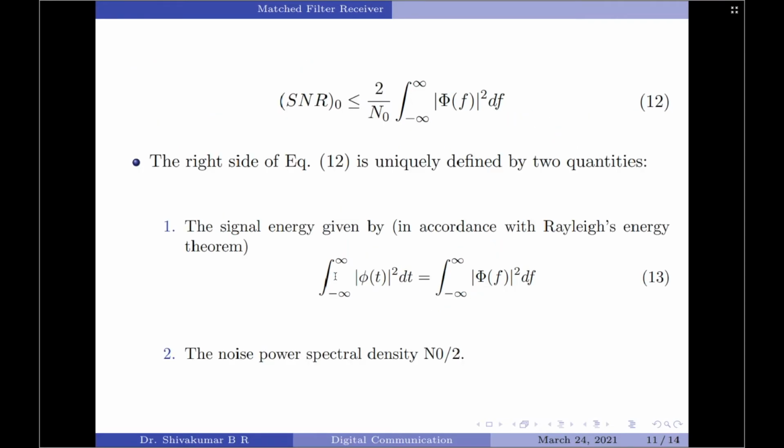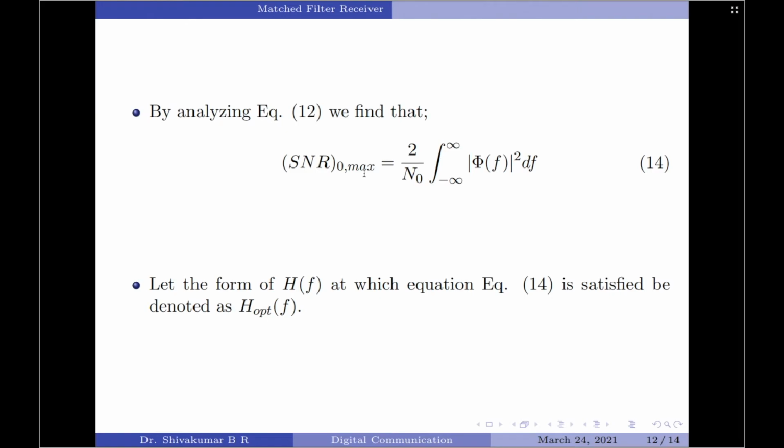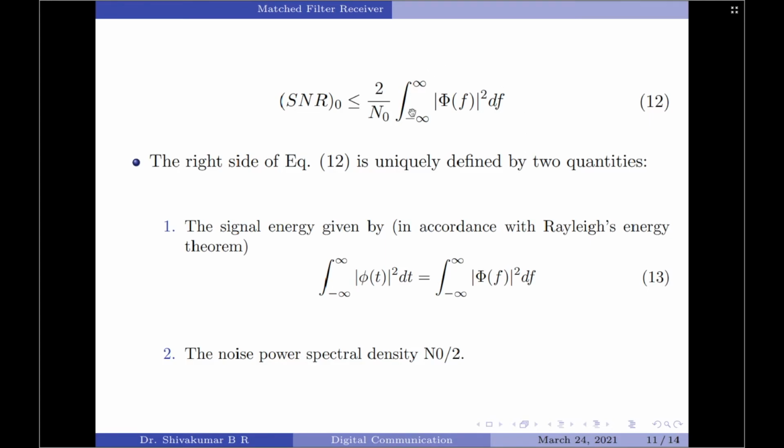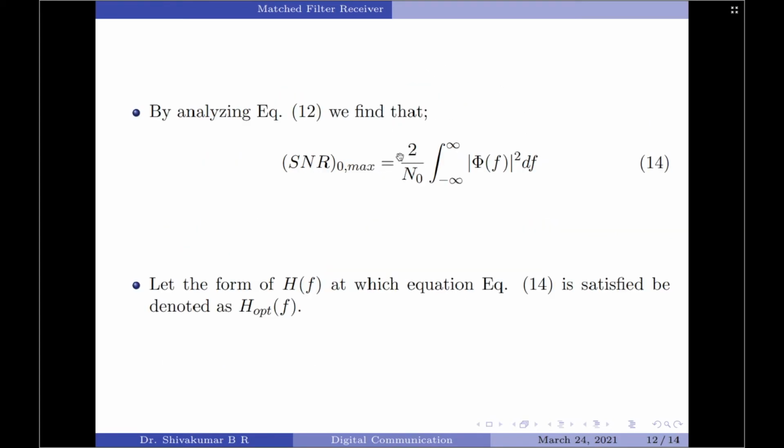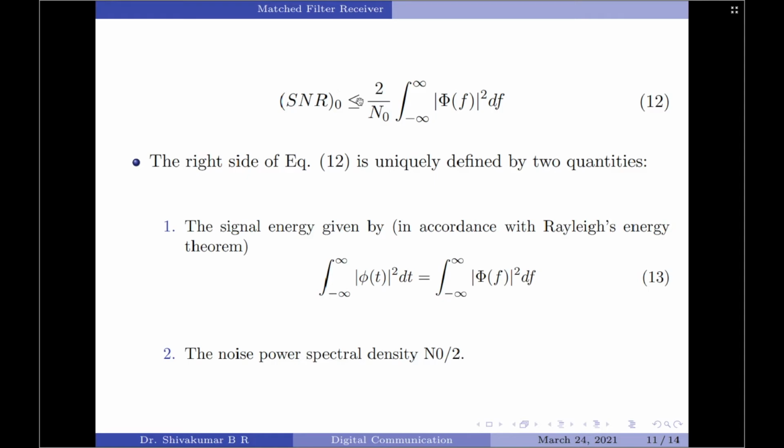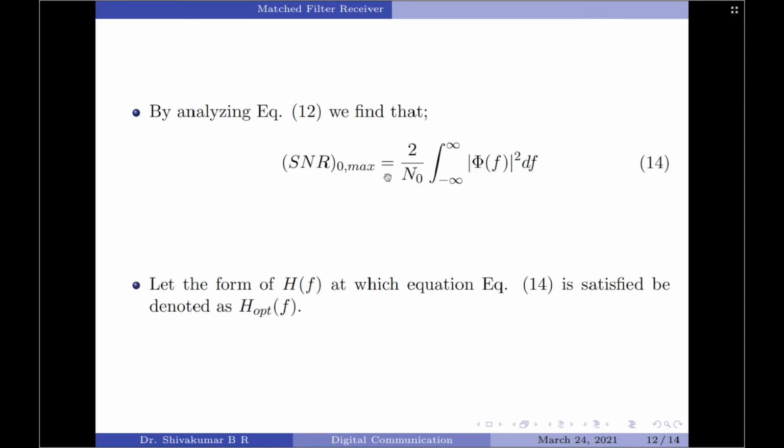So we will rewrite equation 12 by eliminating the inequality and introducing the equality symbol as: SNR output maximum is equal to 2 by n0 into integral minus infinity to plus infinity magnitude square of phi of f df. Please note, the only change between equation 12 and equation 14 is the replacement of the less than or equal to symbol by the equal to symbol. That is why we state the SNR now as SNR maximum.